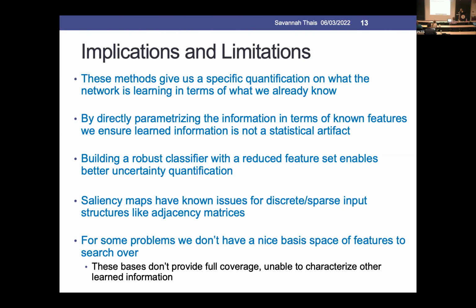However, like I said, we don't always have a nice space of features to search over, which is a big problem here. But also there's some criticism of doing saliency mapping, this kind of interpretation of your local decision, on graph neural networks in general, because of the discrete and sparse input structures that we have in graphs with the adjacency matrix.